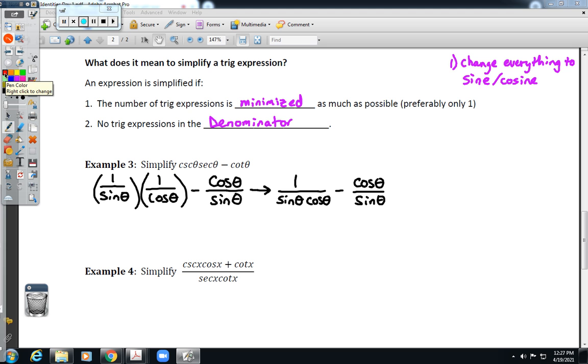So we get one by multiplying the bottom of the fraction by cosine, and in order to stay balanced, whatever we do to the bottom, we also have to do to the top. Which turns this into 1 over sine cosine minus cosine squared over sine cosine.